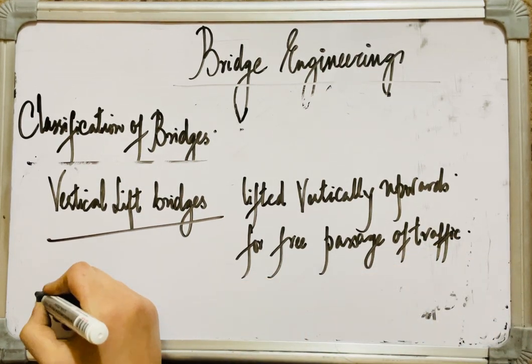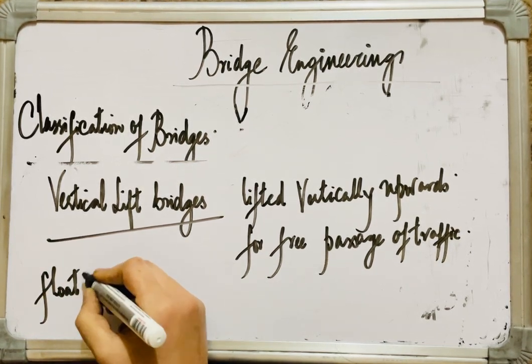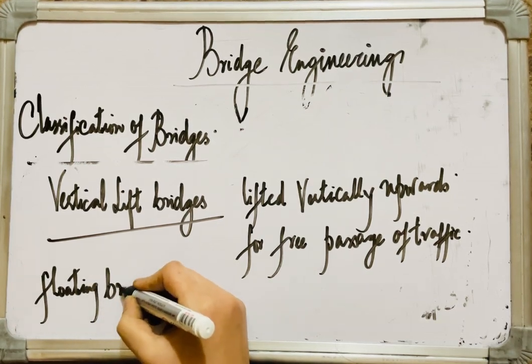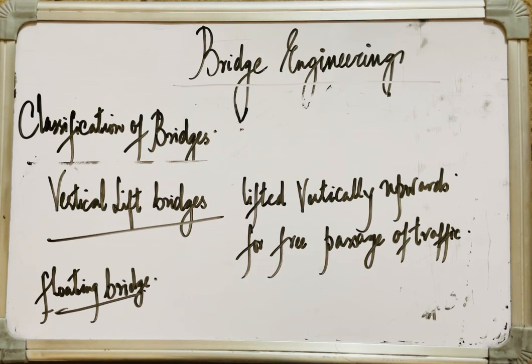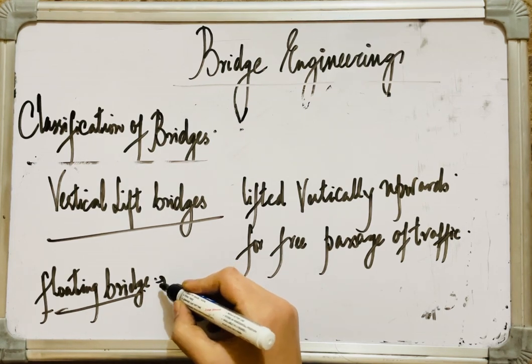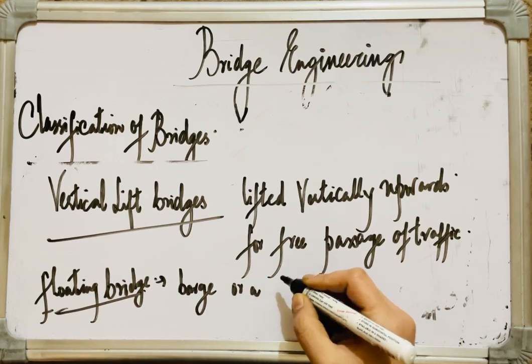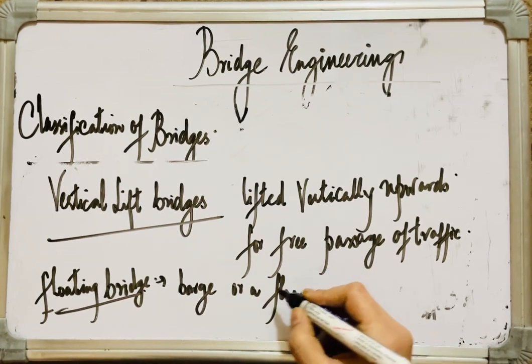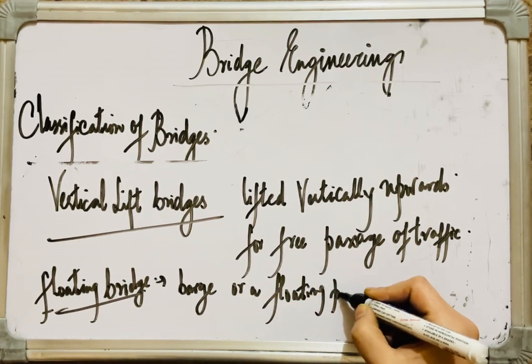Next one is a floating bridge or a barge bridge. This is that type of a movable bridge where a barge or a floating part of the bridge deck can be floated out of the way for the passage of water traffic.